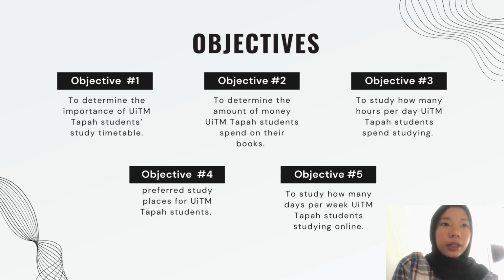Next, we have objective 3, which is to study how many hours per day UiTM Tapah students spend studying. For the 4th objective, to determine the preferred study place for UiTM Tapah students. And the last objective, which is to study how many days per week UiTM Tapah students study online.